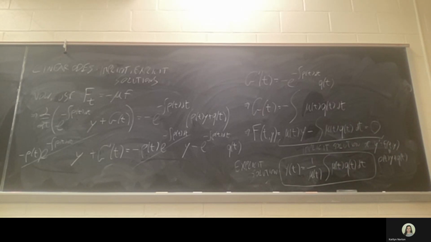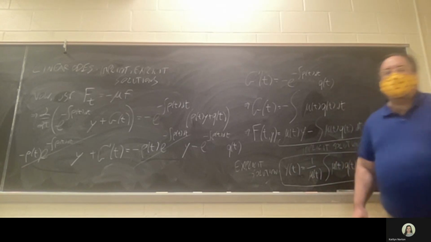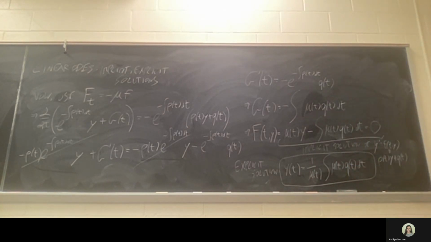But it would be nice to have a solution formula that already takes the initial condition into account. Is there a way we can go about doing that, so that once we get to this point, we have an explicit formula for y of t where the initial condition, the actual value y naught, is already baked in somehow?